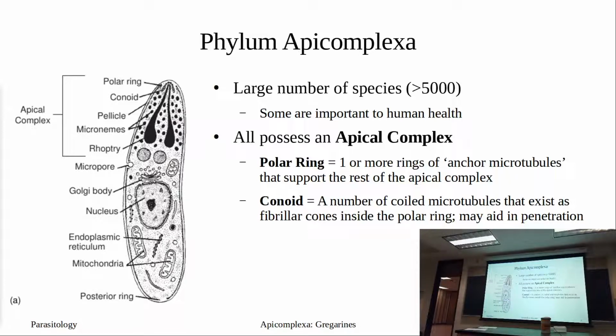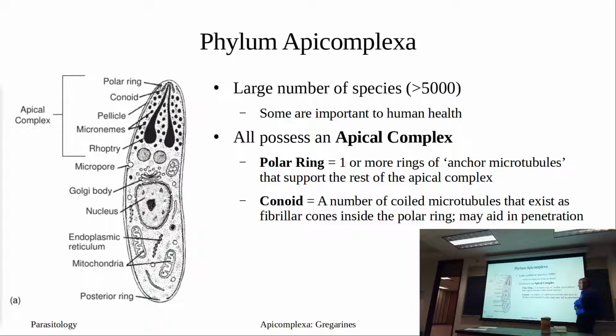Some of our apicomplexans are important for human health. For example, malaria, that's an apicomplexan. Toxoplasma, that's an apicomplexan. And those are two species we're going to talk about. Others really don't bother us. They're going to be parasites in other organisms. This phylum, Apicomplexa, is named because all members have what's called an apical complex.